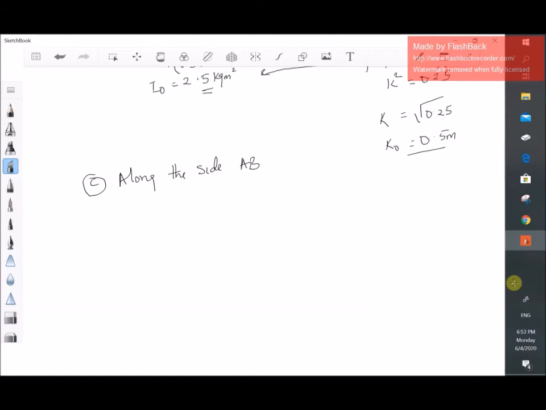As you know, this is the square, point A, point B, point C, and point D. And now we are asked to find the moment of inertia if the axis of rotation is at AB.